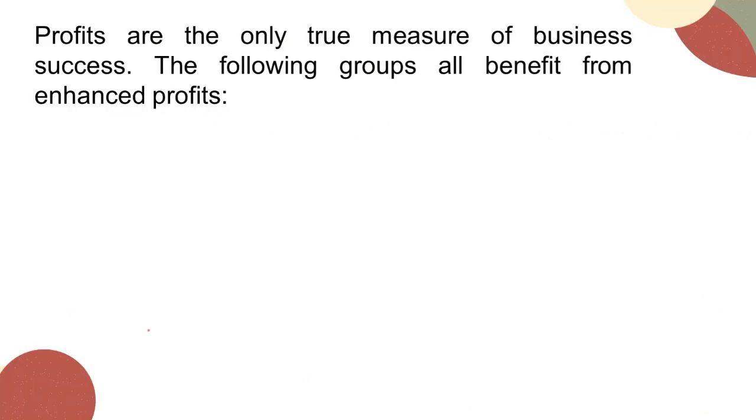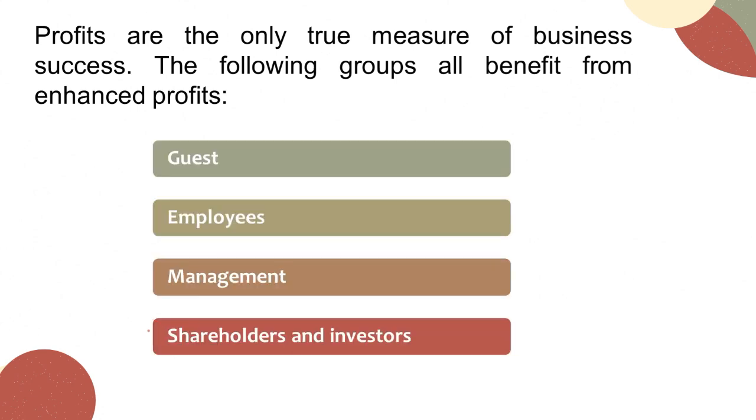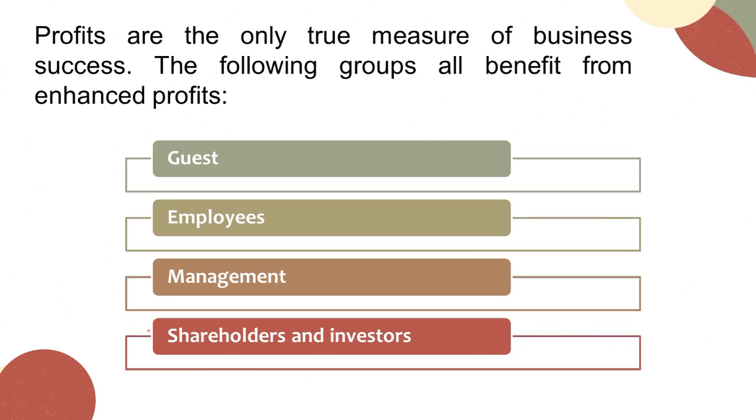So the next one is the groups. Who are the groups who will benefit from this enhanced profit? First one is the guests. Second one is the employees, management, and the shareholders and investors. So syempre, si guests, they are one of the primary beneficiaries of increased revenues and profits.